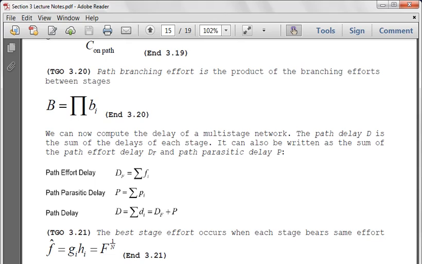So this becomes 625 to the 1 over 5, which is just 5. So ideally, you're trying to break it down so that each stage has the same effort. It's like matching impedances. Yes. Exactly right. Matching impedances.